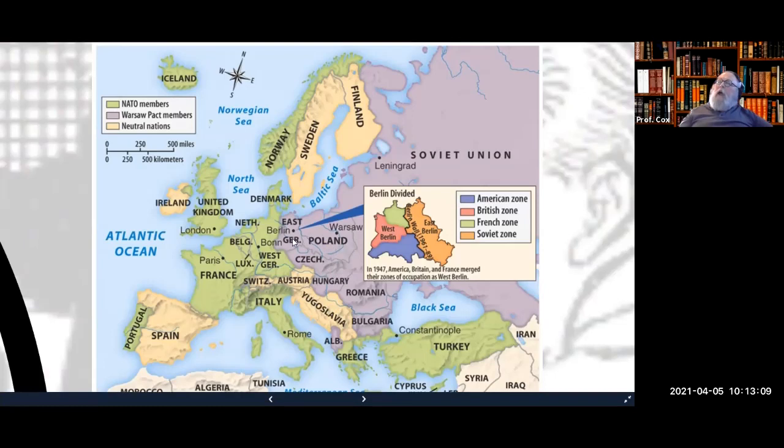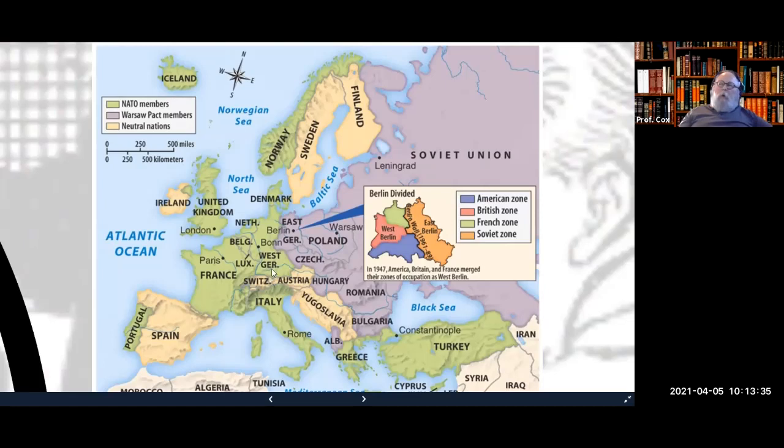And so what happened was that the United States formed an alliance called the North Atlantic Treaty Organization, or NATO, right? And this alliance was essentially all the green countries. And the purpose of the alliance was to oppose the spread of Soviet expansion in Western Europe.